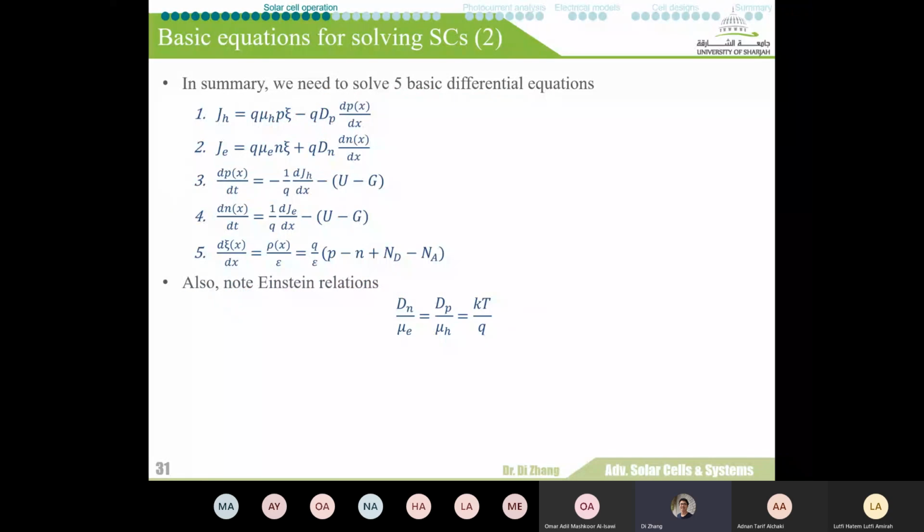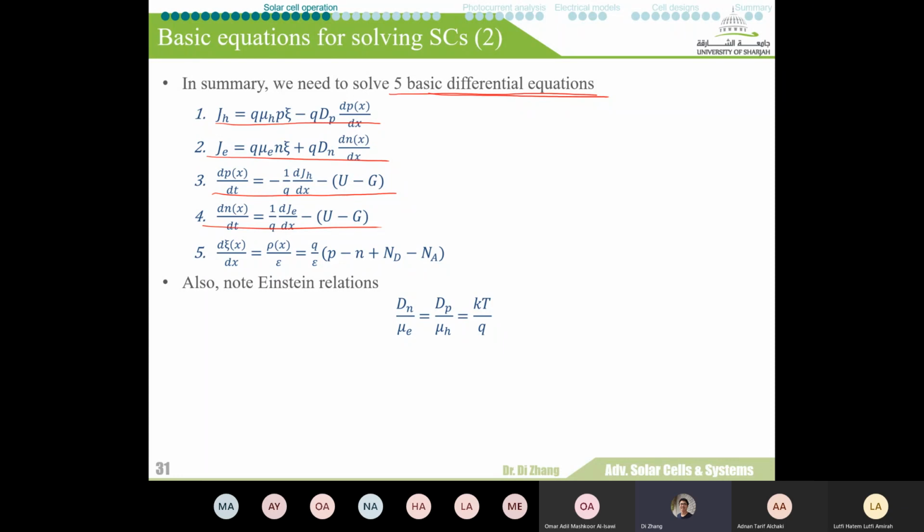So in summary, let's try to summarize a little bit. If you want to solve for a working solar cell, typically you have to start from these 5 basic differential equations. This is the current equation we just mentioned, the contribution from drift and diffusion current, and you actually have 2 equations, one for hole and one for electron. Then we have the current continuity equation, where we're trying to count all the possible sources for the electron or hole concentration difference.